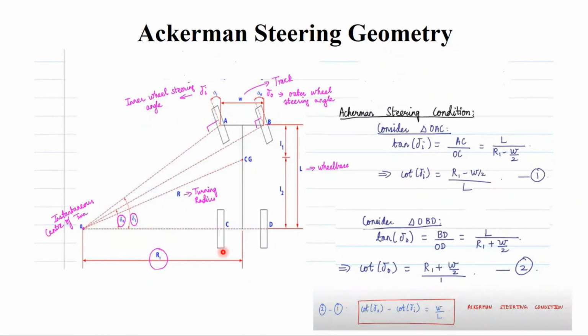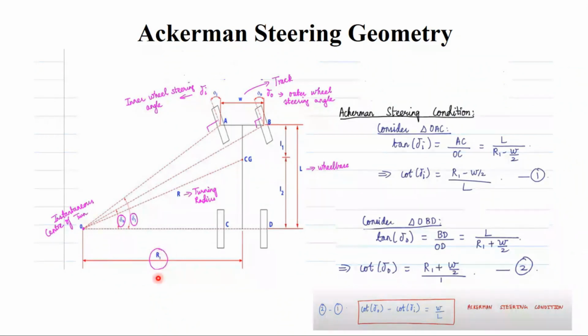And the distance between the instantaneous center of turn O and the center of the wheel width, we are going to define with the term R1. You can say this is R1.